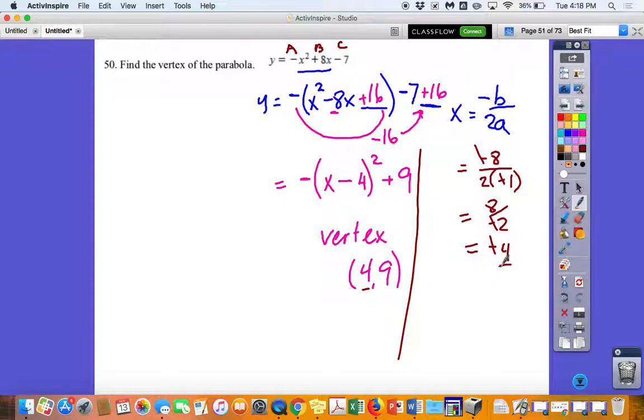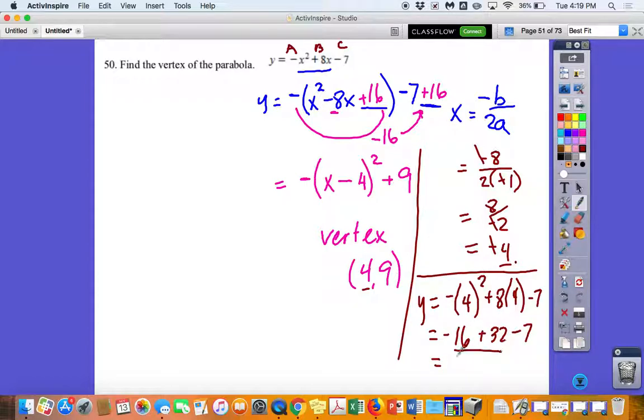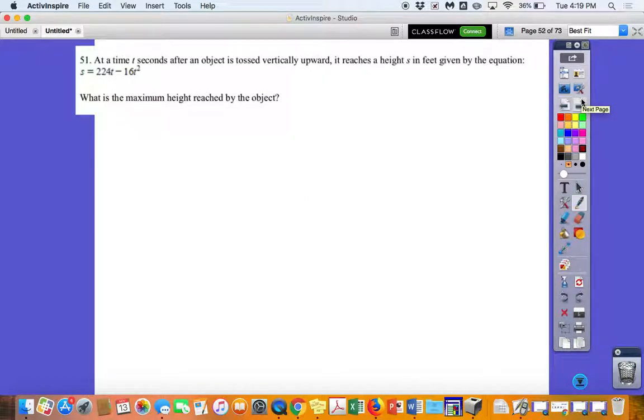That's the reason I stopped. Yeah, my negative should have canceled over here. I'm supposed to get positive 4. So my bad. But now that I got positive 4, I could go back and figure out what the other one is by putting a positive 4 in there. You could find out what y is. And that's what a lot of you did. So that would be negative 16 because the negative doesn't cancel out when you square. You're only squaring 4. So that's going to be 32. So put these 2 together. That's just a regular old 16 minus 7 is 9. So it's same answer. So we got this. We got that. Just make sure you know how to get there, one way or the other.